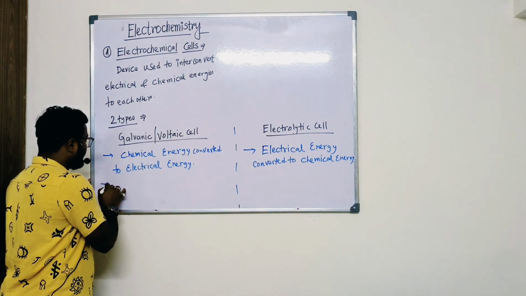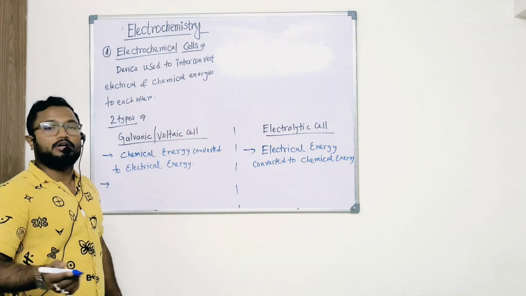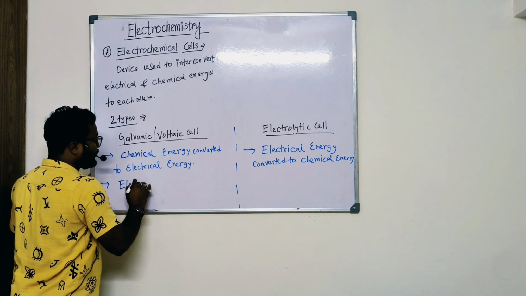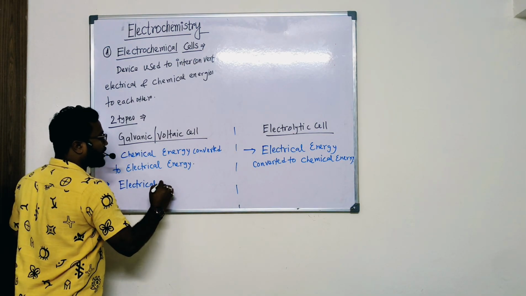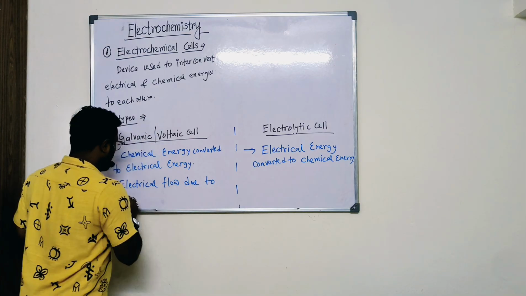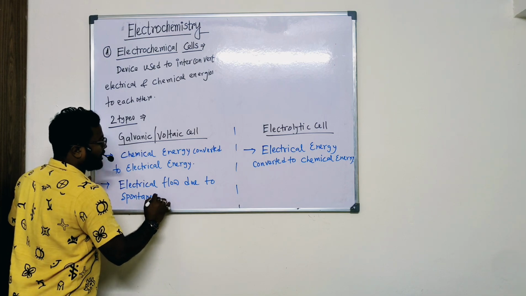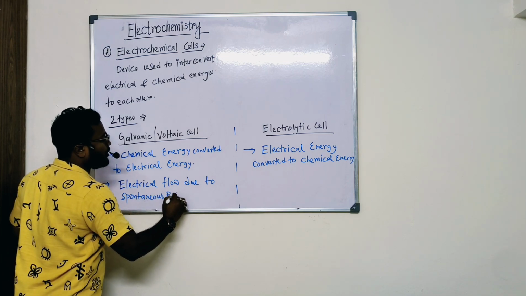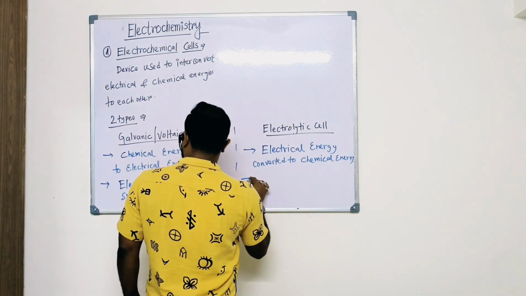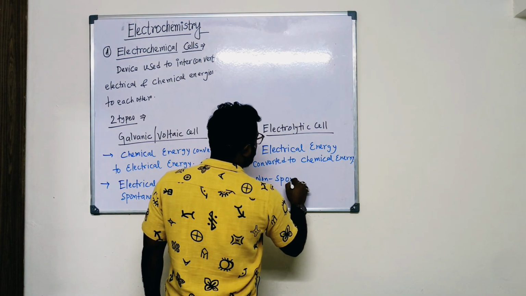Another criterion: in the galvanic cell the reaction is considered to be spontaneous, means we can say that electrical flow is due to a spontaneous reaction. Here in the electrolytic cell, electrical flow is a non-spontaneous process.